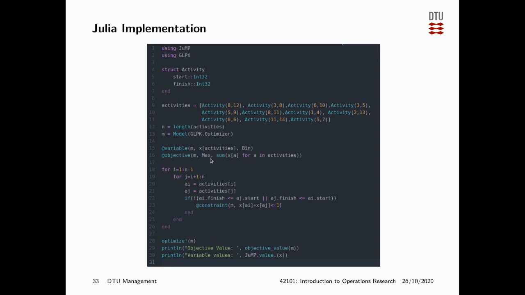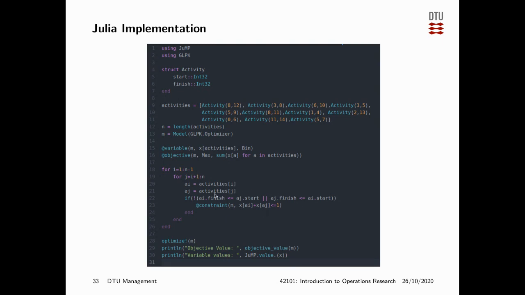Down here, I am building the constraints for my model. It might be a little bit different to what you've seen previously as well, but here I'm constructing my constraints in a loop. I'm looping over all pairs of activities. Okay. I'm looping on the outer loop here from i equals 1 to n minus 1, and on the inner loop, I'm looping over j equal to i plus 1 to n. This is just to ensure that I only consider i and j and not also j and i.